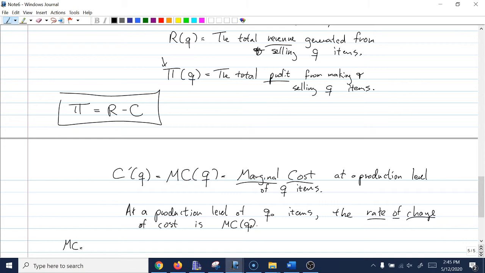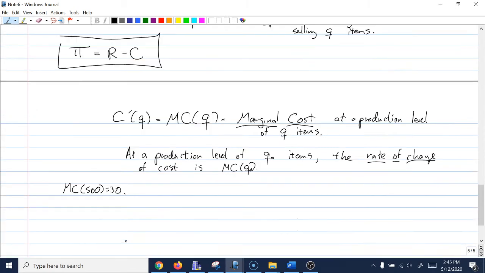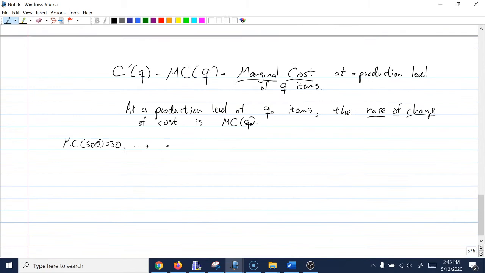Let's say MC of 500 is 30. This is telling us that when we make 500 items, our cost is increasing at a rate of $30 per item.